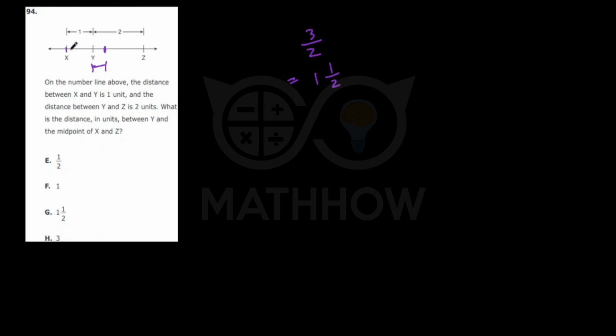Since the distance from x to the midpoint is greater, we subtract the smaller distance from x to y, 1, from the greater distance, to find the smaller distance between y and the midpoint. Simply subtracting 1, this will give us 1 over 2 units. So the answer will be option E.